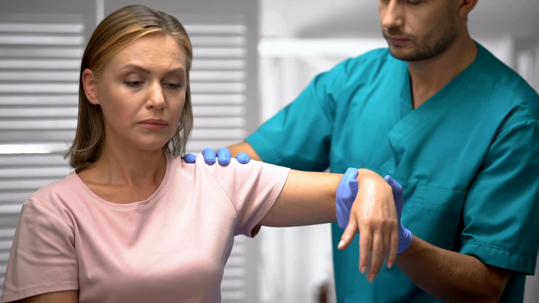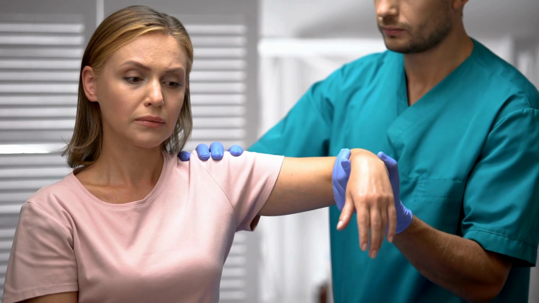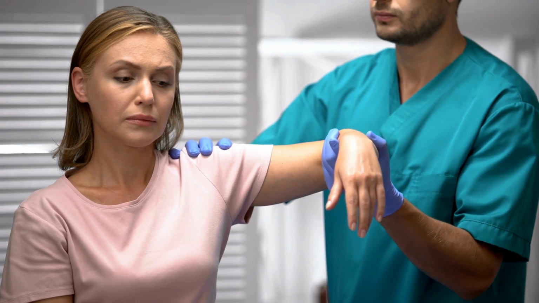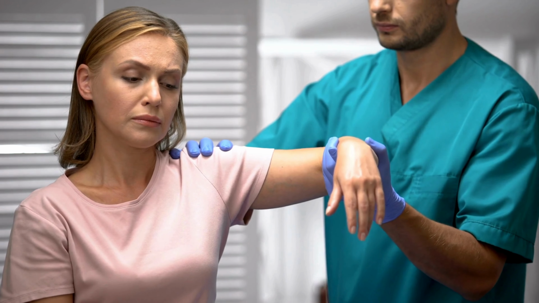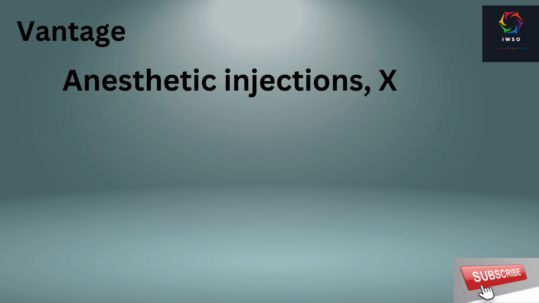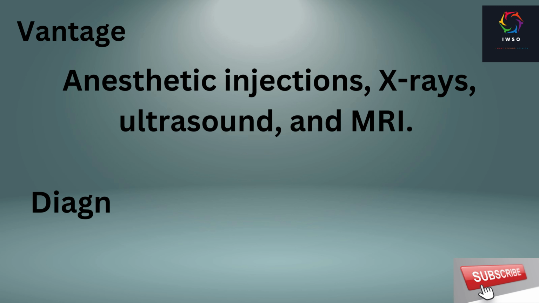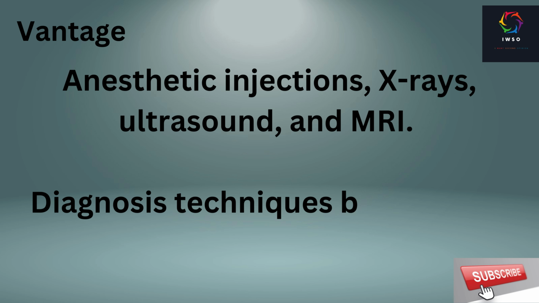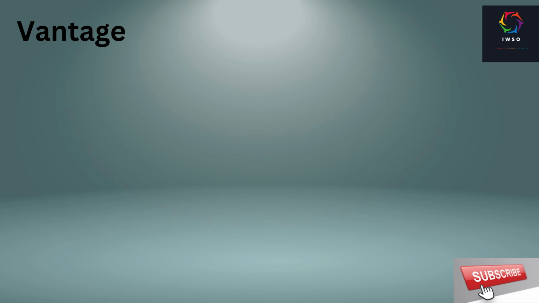While physical examination allows the doctor to assess pain and limited range of motion, additional techniques are employed to get a comprehensive understanding. Anesthetic injections are one such technique. By injecting anesthetic into the shoulder, the doctor can numb the area and better assess the range of motion without the influence of pain. This is known as the injection test.